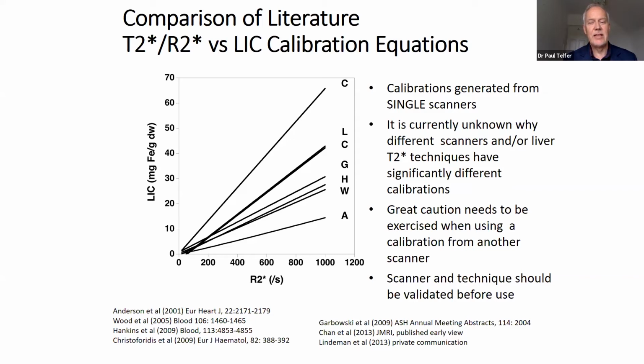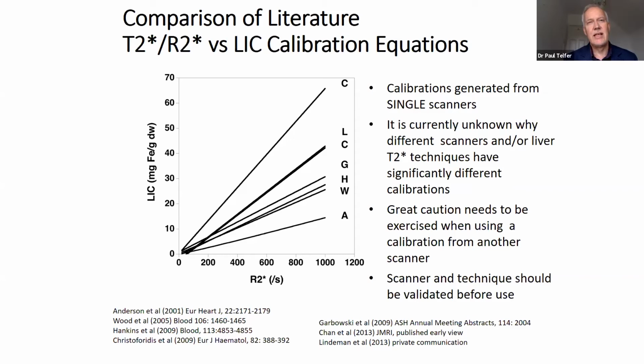And I think we need to think perhaps internationally about this if we're going to use R2 star across a lot of different sites. So my conclusion is that probably the best thing, if possible, is to use FerriScan for liver iron quantitation at the moment for robustness.